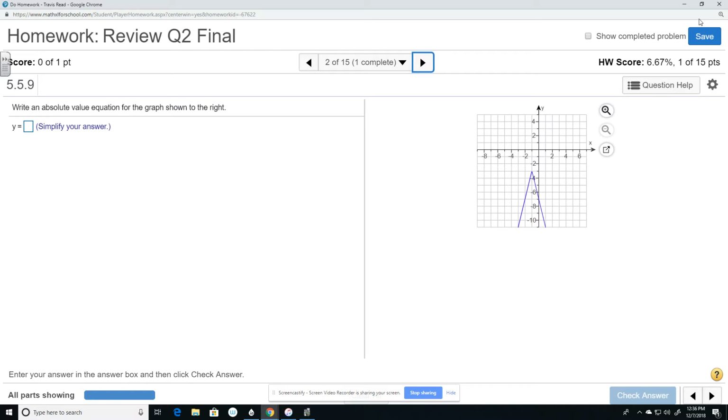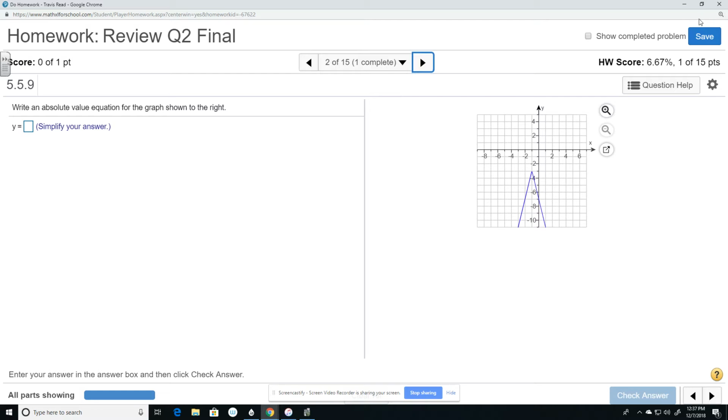Number 2, write an absolute value equation for the graph on the right. So this one gives you a graph and you have to write the equation to go with it. One thing I would do if I was you, before you submit your answer, whatever you think the answer is, put that into your calculator and make sure it looks correct.